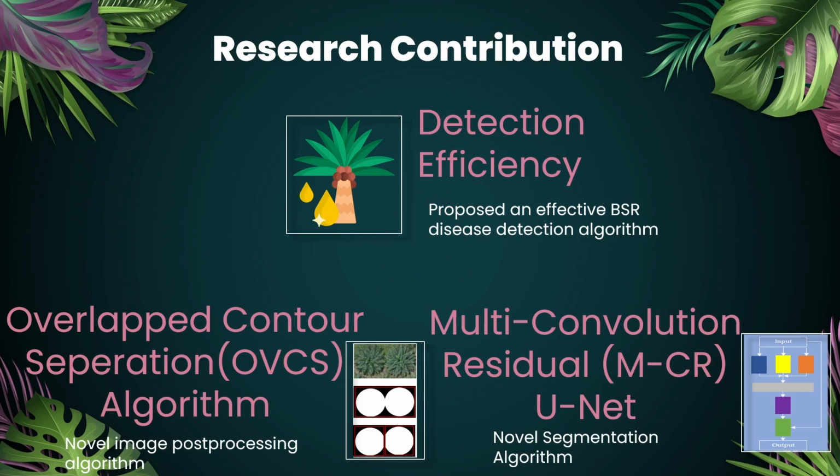In this study, we propose a novel multi-convolutional residual unit, namely the MCR unit, to improve the segmentation performance, and also a novel overlap contour separation algorithm as an image post-processing algorithm to improve the detection performance.